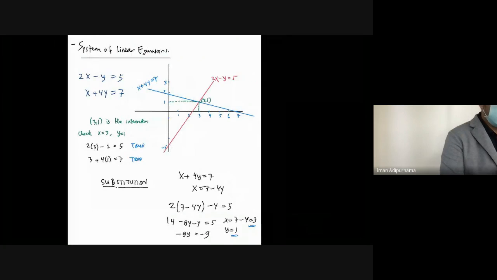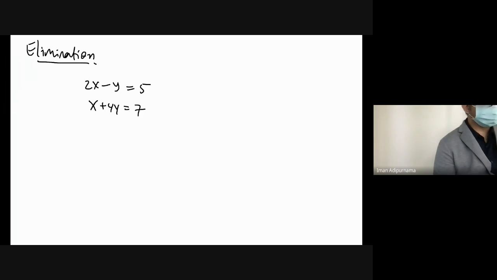Aside from substitution, we can also have the elimination that I mentioned before. Let me start with the elimination here. So 2x minus y equals 5, x plus 4y is 7. To start with elimination, we think of the coefficient of x and the coefficient of y.